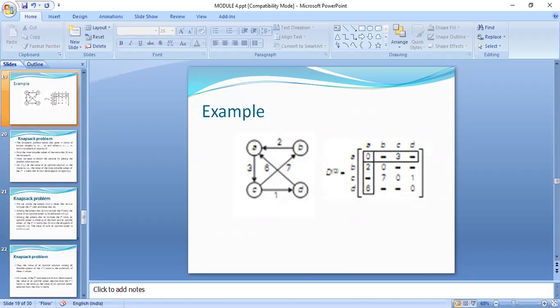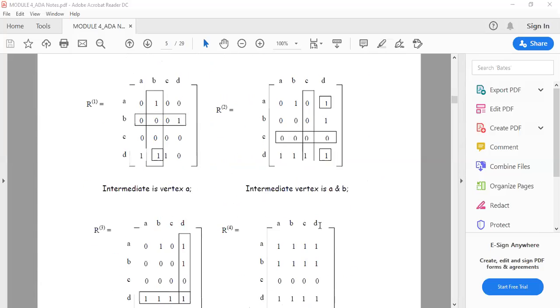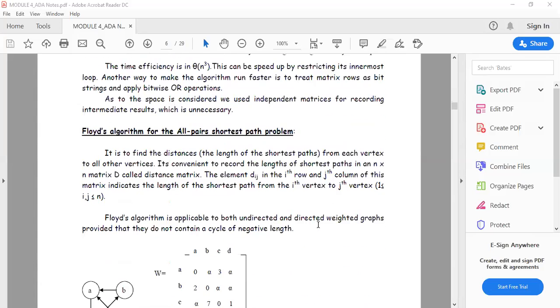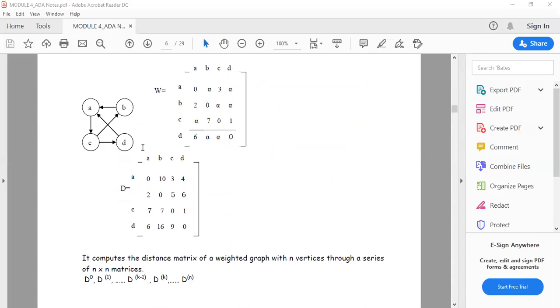So how to find out the time complexity? We go with Floyd's algorithm, where you are given a graph.